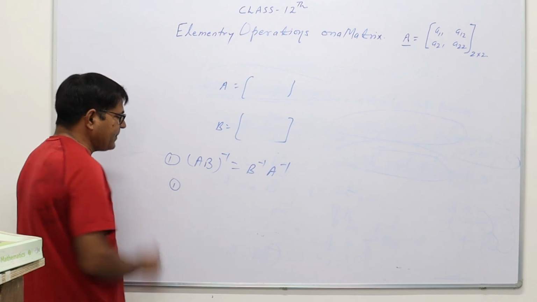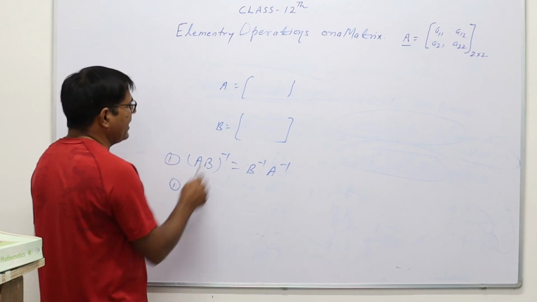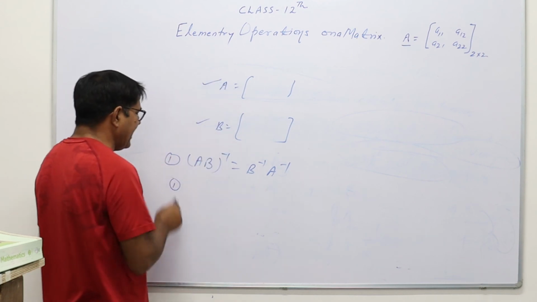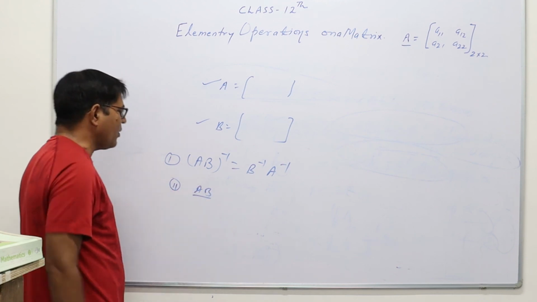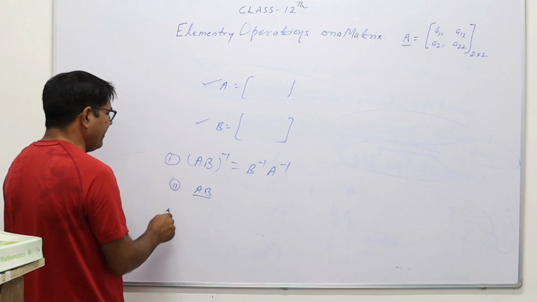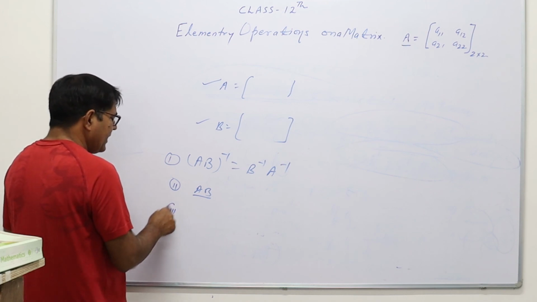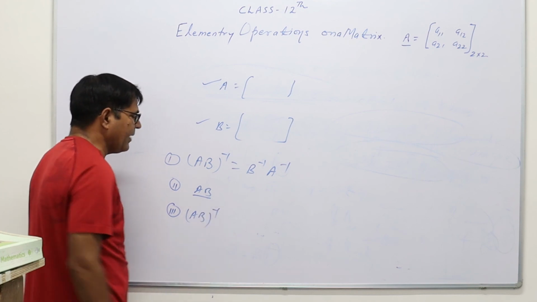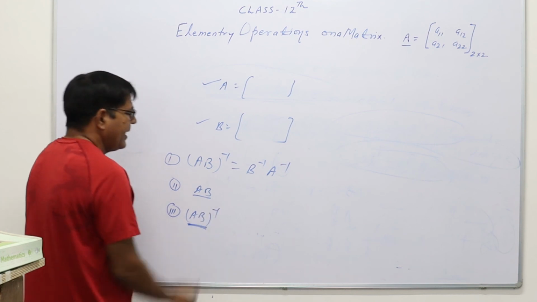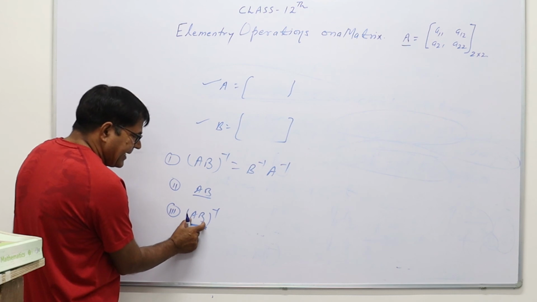I am just explaining the steps. First step, write the matrices A and B. In the second step, find AB, that is the pre-multiplication of A with the given matrix B. Then in the third step, the inverse of AB, that is how we will find it, AB will be the resulting matrix.